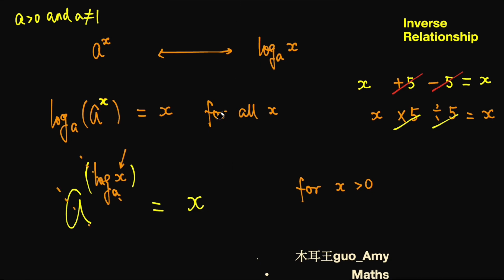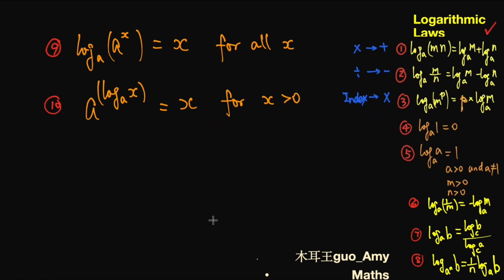So the opposite operations have their effects on x cancelled out. We can add these two results into the list of logarithmic laws, and it will be very helpful for us to remember all these 10 laws when we deal with logarithmic questions.